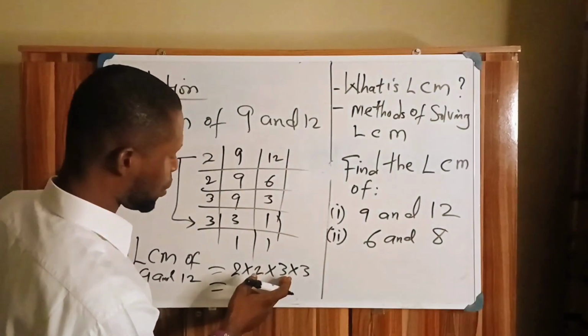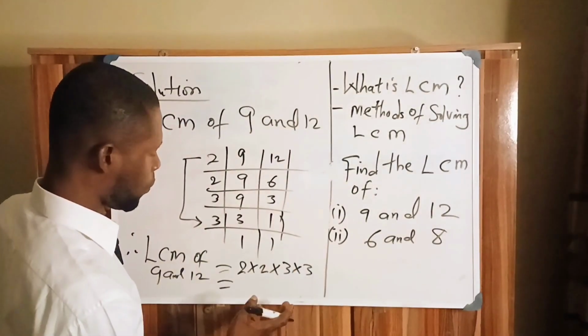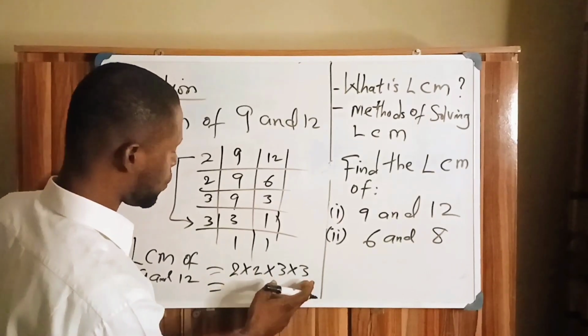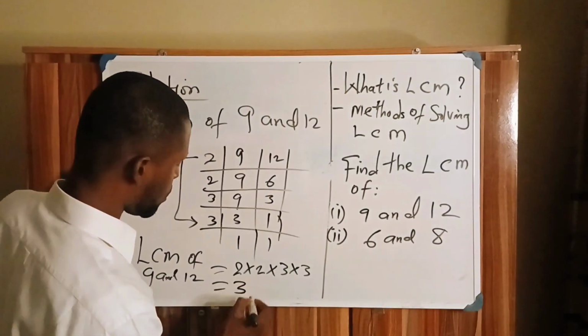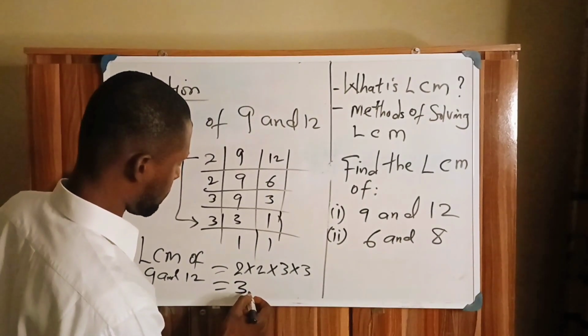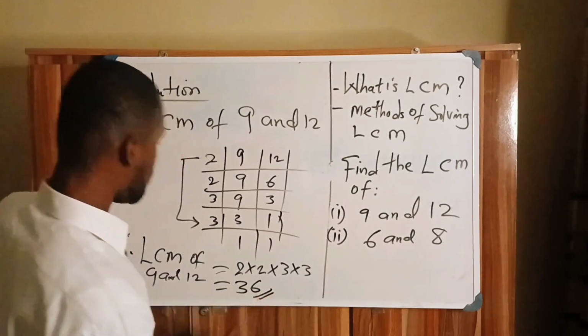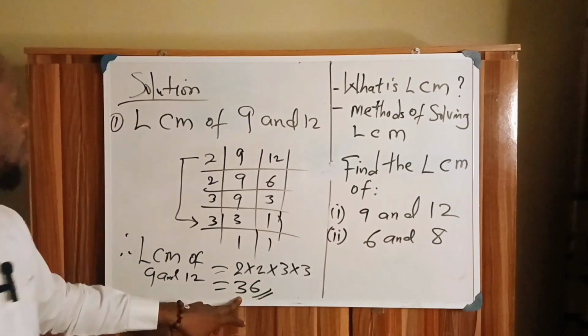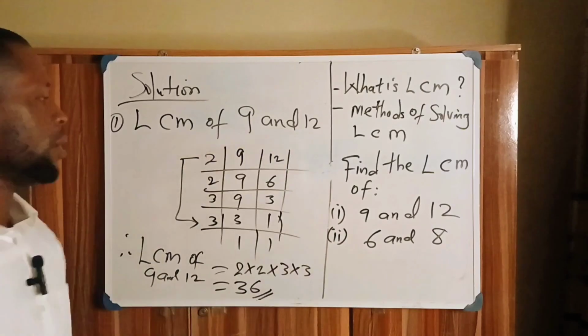So 4 times 3 is going to give us 12. So 12 times 3 is going to give us 36. So this is the LCM of 9 and 12.